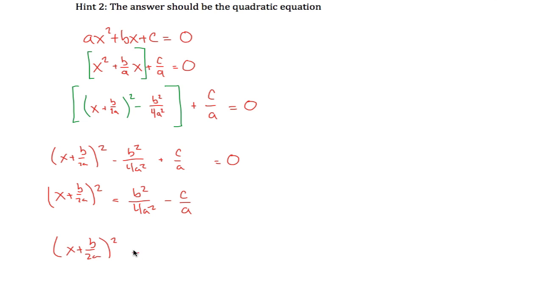Before I take the square root of both sides, I think it'll be helpful to have a common denominator over here. Common denominator will be 4a squared, so I'll have to multiply this by 4a and this by 4a, so that I have b squared minus c times 4a, or 4ac, that might start to look a little bit familiar, all divided by 4a squared.